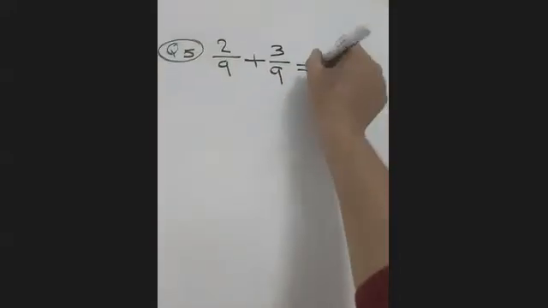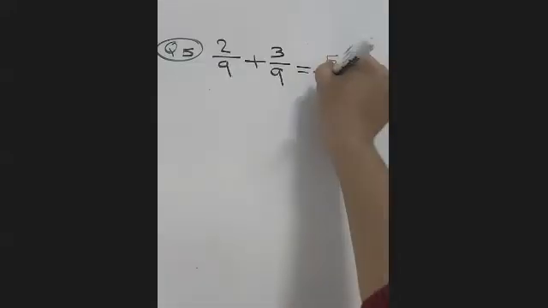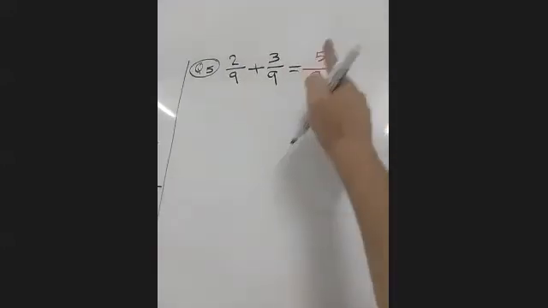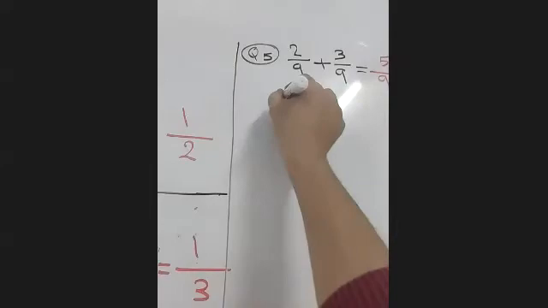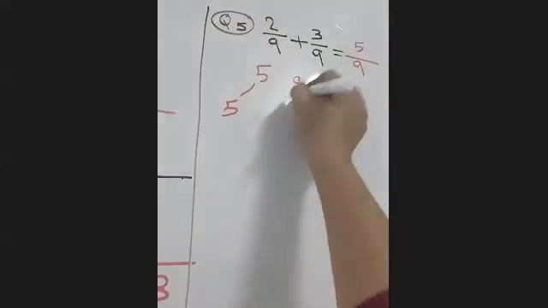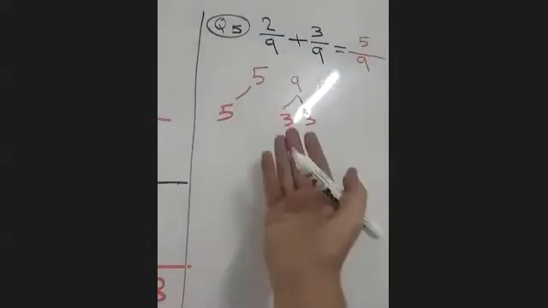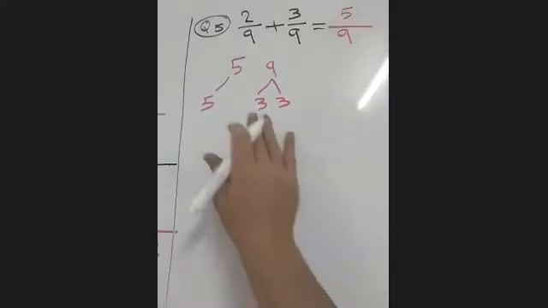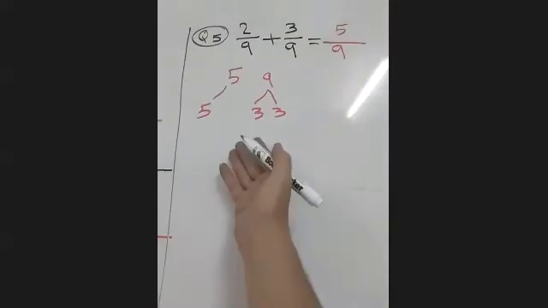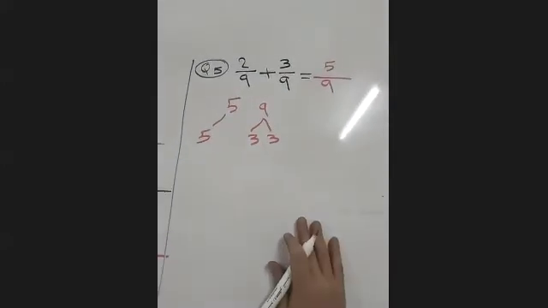We add up and we take one number down. But can we make the simplest form for 5 and 9? 5 is 5, and 9 is 3 times 3. Do we have a common factor? No. That means the greatest common factor is 1.